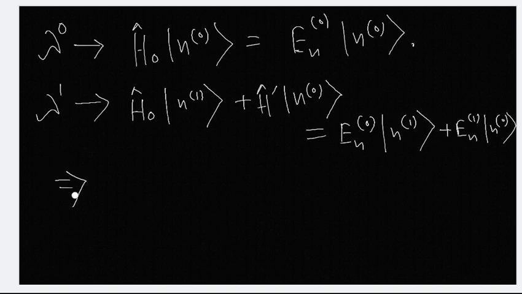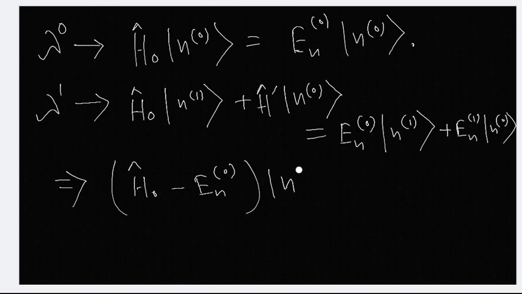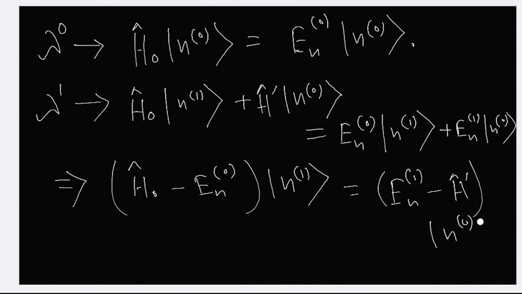So you can rearrange these terms and you can find H naught minus E n naught over n1 equals E n1 minus H prime over n naught. So this is basically from collecting the power of lambda to the power 1.